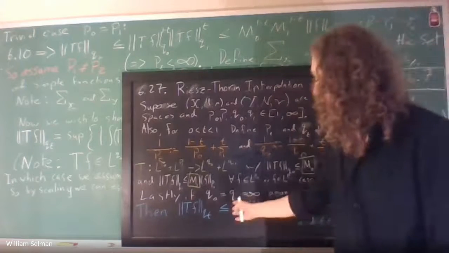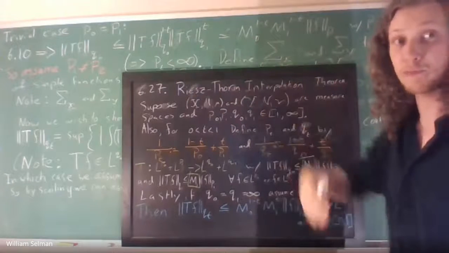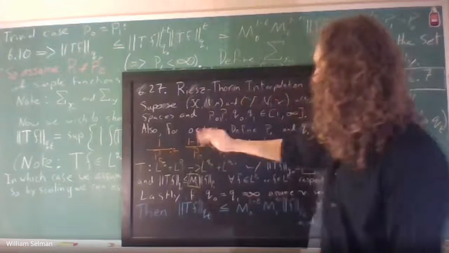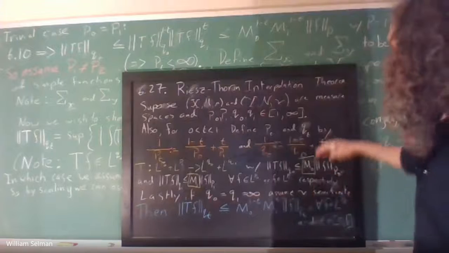So the operator norm is going to shift as the p_t and the q_t shift. So that's the basic idea of the theorem.